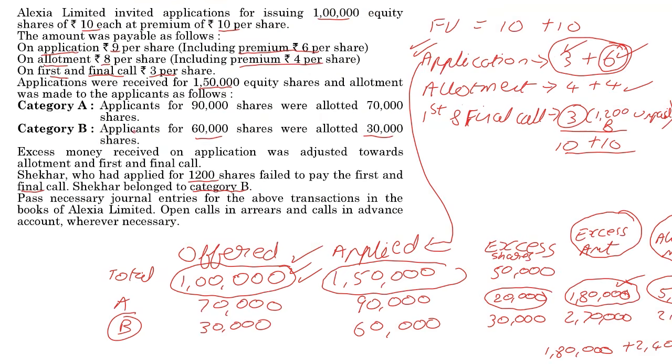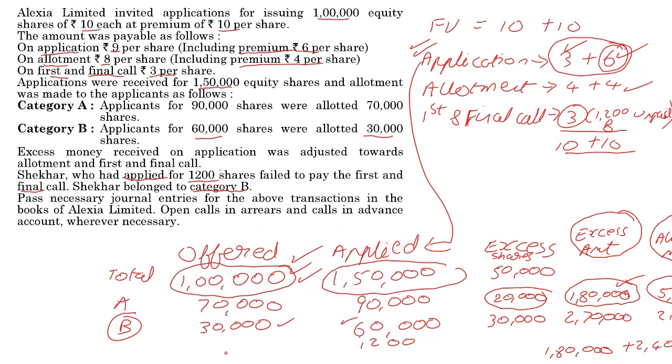Let's do the math. The person belonged to category B. How many shares did he apply for? 1,200. He asked for 1,200 in a category where people asking for 60 got 30. They got half. So a person asked for 1,200, they would get X. Cross multiply if you want to, but I think it's straightforward.